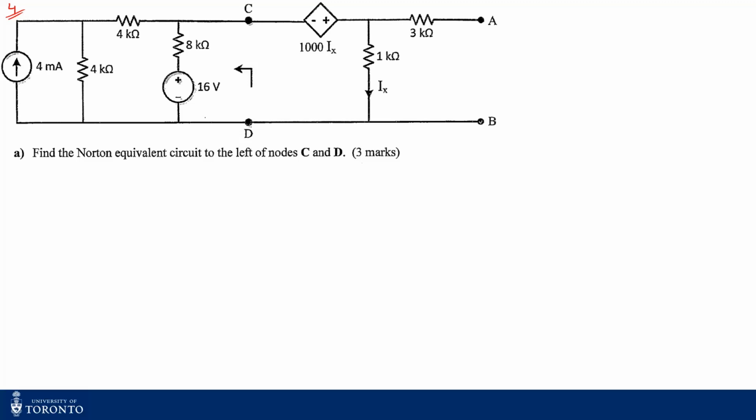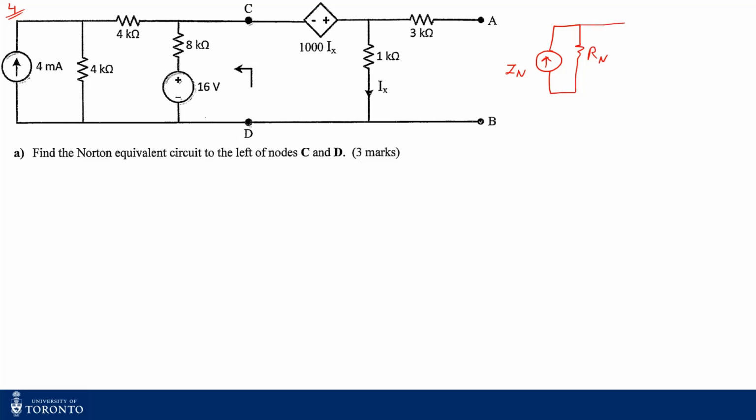So now you have to find out the Norton equivalent. We know that the Norton equivalent would be a current source with a resistance in parallel, which you can also combine to do source transformation and find out the Thevenin equivalent, with the RThevenin equal to Rn, and the VThevenin equal to IN times Rn.